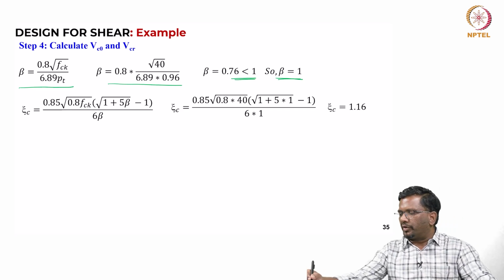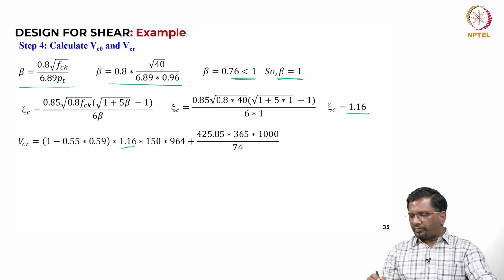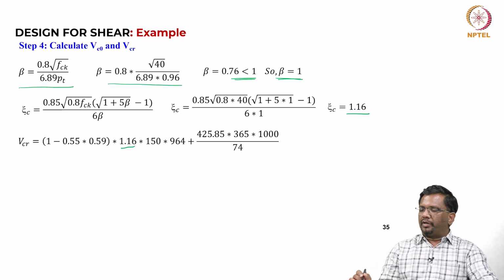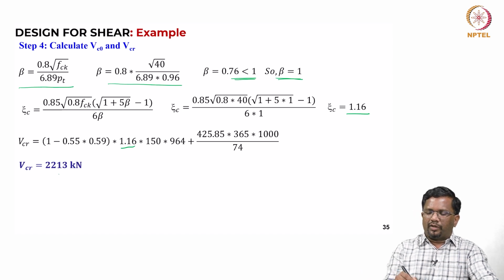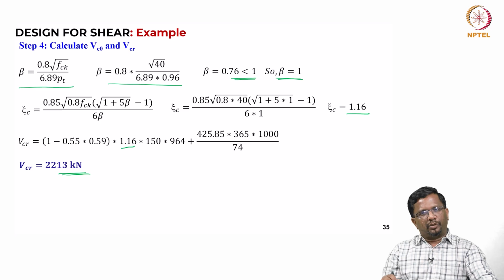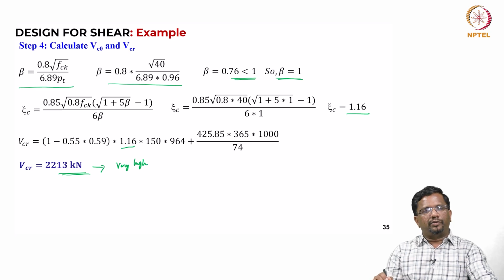So psi Z works out to be 1.16 megapascal, and you substitute here, and you get VCR as 2213 kilonewton. Now you see that this is a very, very high value, very high. Why are you ending up with a very high value?